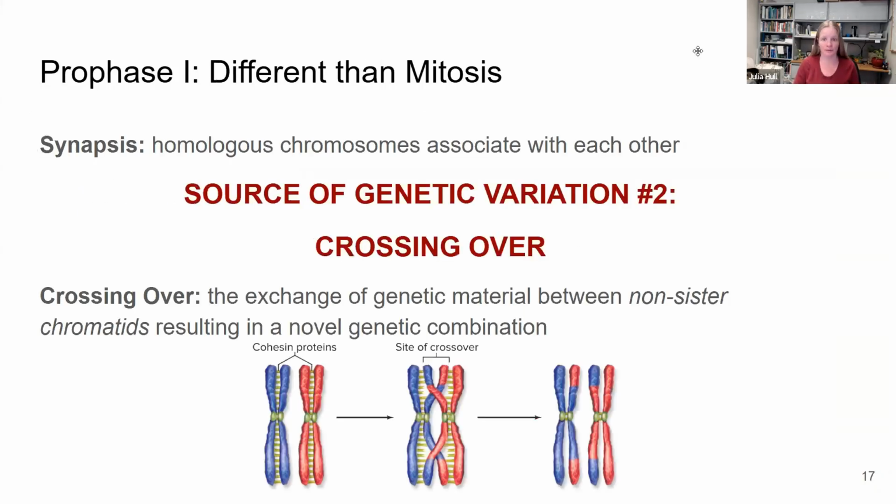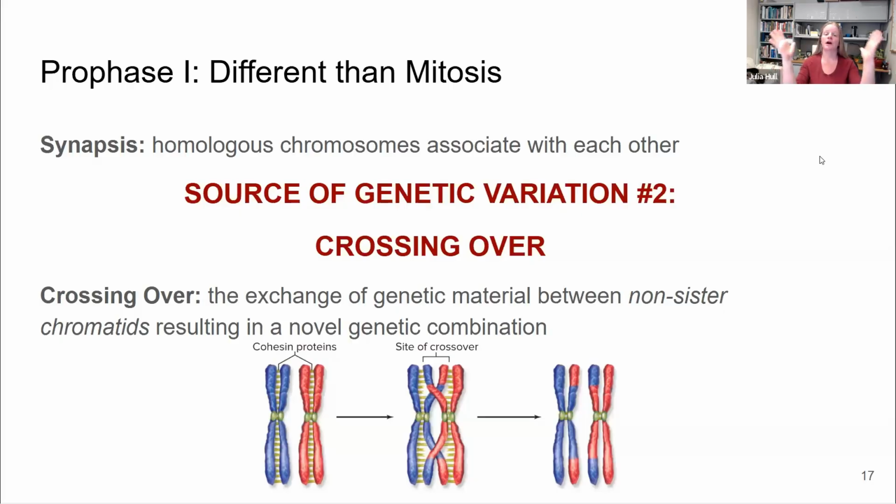The thing that's different that we see in prophase one that we did not see in mitosis is we are going to have these homologous chromosomes come and associate with each other temporarily during this process called synapsis. Okay, and when those homologous chromosomes are in close proximity to each other, we are going to see them get tangled up, and we're going to see them actually swap portions of their non-sister chromatids and create a novel combination of genes.